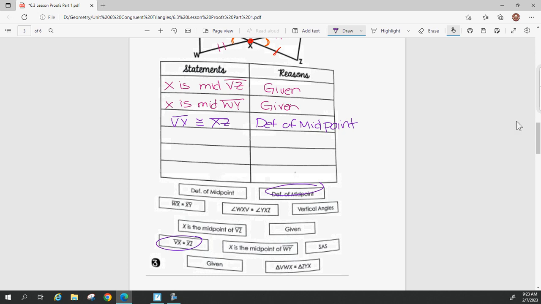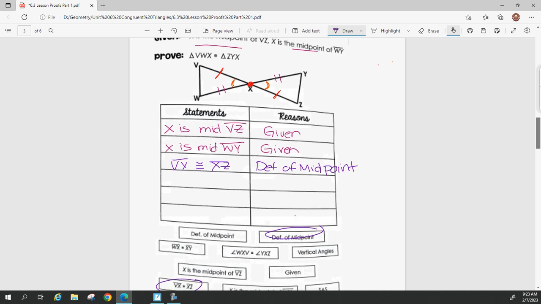And then because X was the midpoint of WY, we also knew that WX and XY were congruent. And for the same reason, definition of midpoint. When something is a midpoint, the two segments it's in the middle of are congruent.